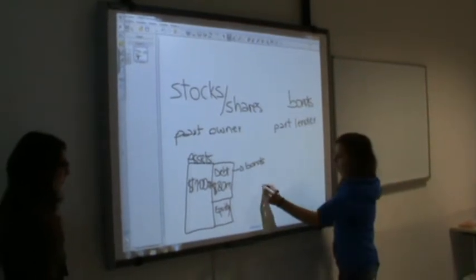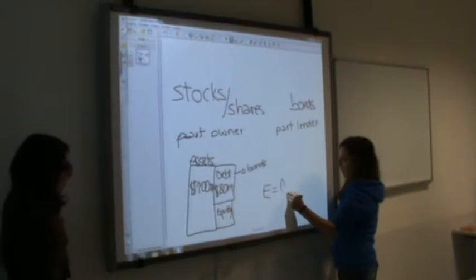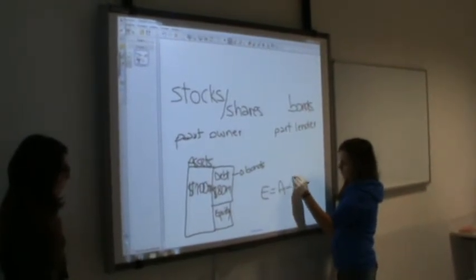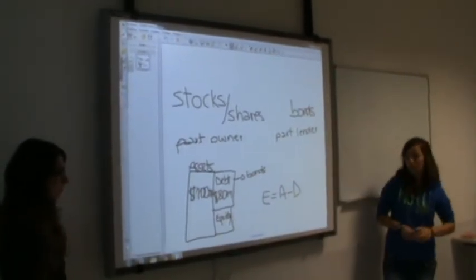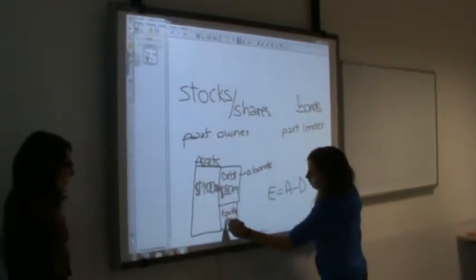So we can say that the equity is the result of assets minus debts, or liabilities, which is the same. So in this case they are $20 million.